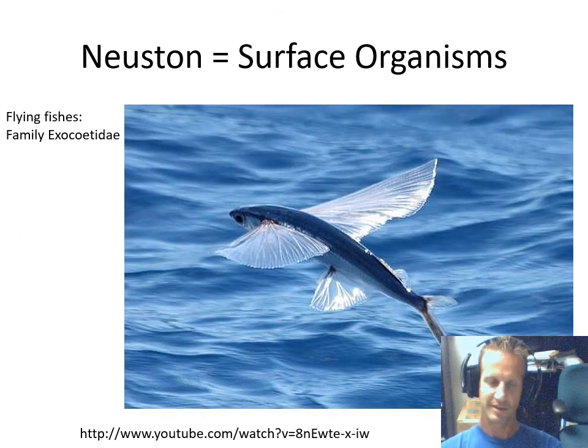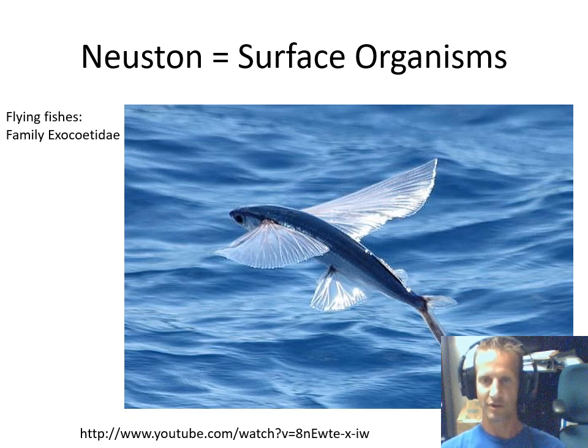Not all organisms that live at the air-water interface are slow drifting organisms. There are some actively swimming nekton that live at the surface, and flying fish are an example of them. They're obviously adapted to living in and just out of the water. They have these pectoral and ventral fins which are enlarged and allow them to briefly soar on the air.